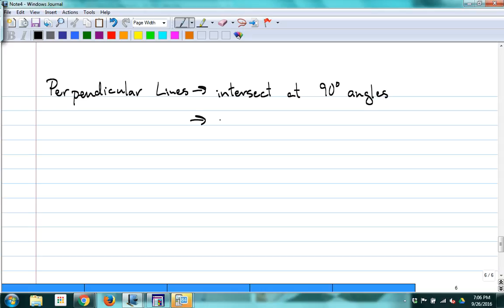Well, you've got to figure, we talked about parallel lines and they had the same slope. Perpendicular lines obviously cannot have the same slope because they're going to intersect. Parallel lines don't intersect. So the perpendicular lines, the slopes are opposite reciprocals.